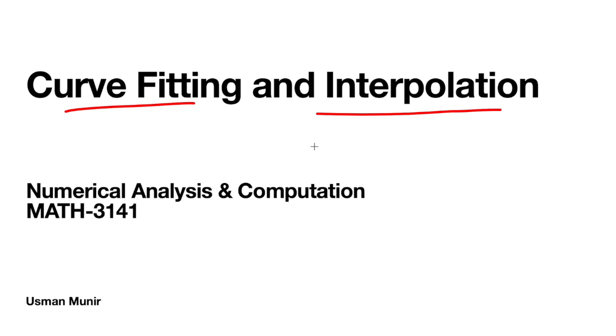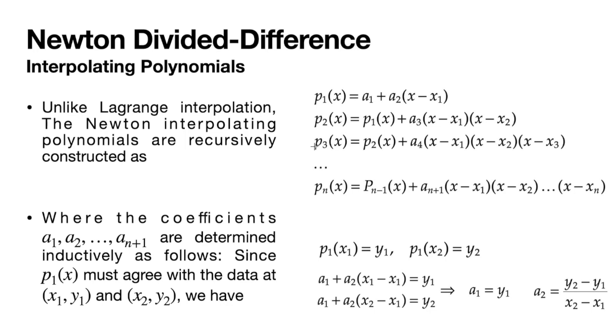And we said that Newton's method is the remedy for that drawback. Unlike the Lagrange interpolation polynomials, the Newton interpolation polynomials are recursively constructed, so they are dependent on the previous one. These are the Newton divided difference polynomials.